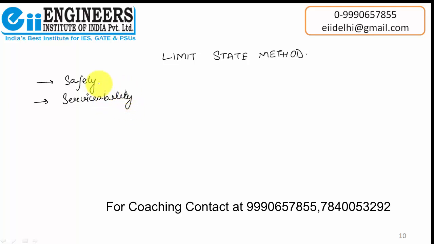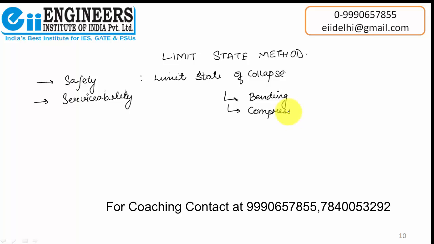For safety, the IS code mentions the limit state of collapse, in which we consider all kinds of collapse conditions like bending, then compression, then shear and torsion. It also gives the serviceability requirements like deflection.